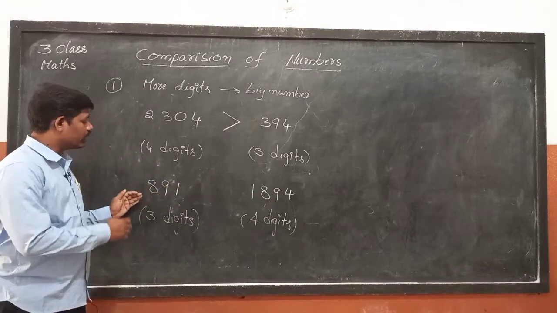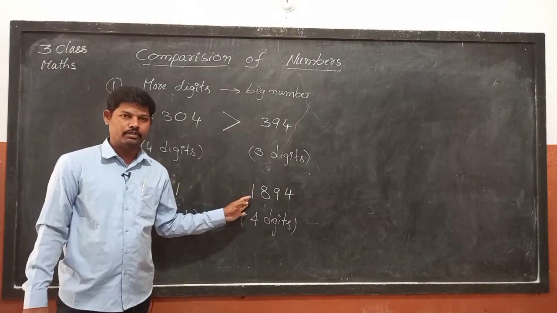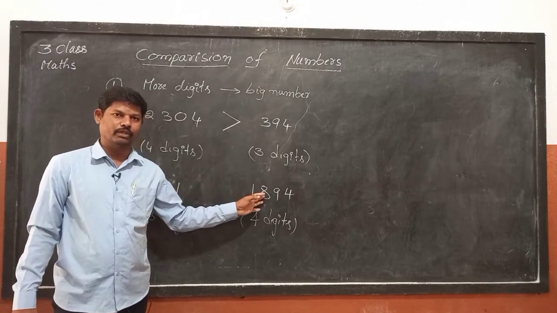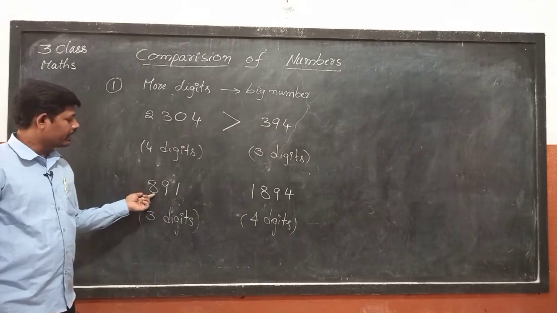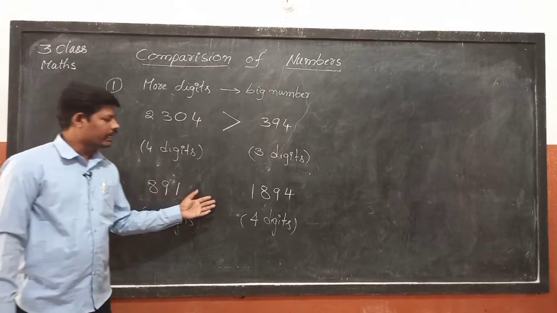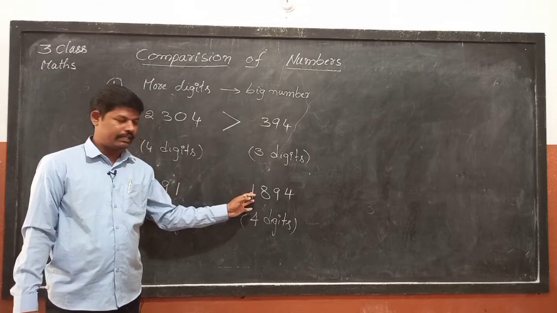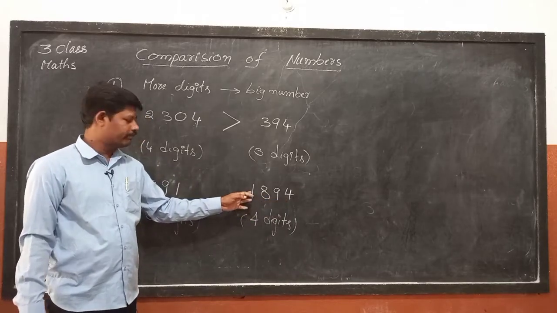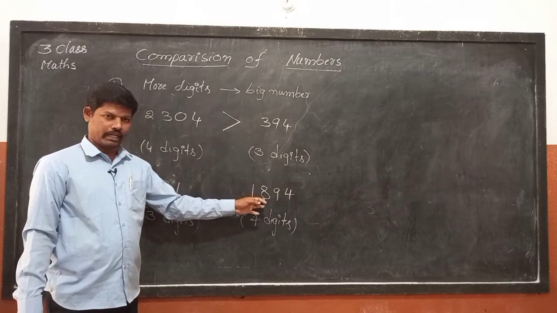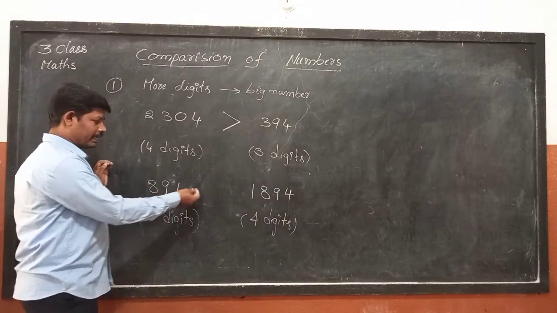So now you have to say that this number is smaller than this number. How can you say in mathematics: 891 is less than 1894. This is 1000. So how to write less than?